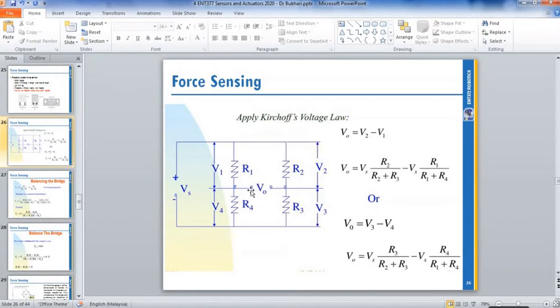The important thing is you want to define the difference in voltage, because normally we put the strain gauge among these four resistors. So the strain gauge will change the resistor value. When the resistance changes, we will get a different voltage between A and B.